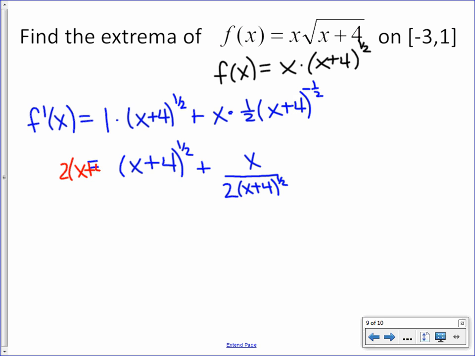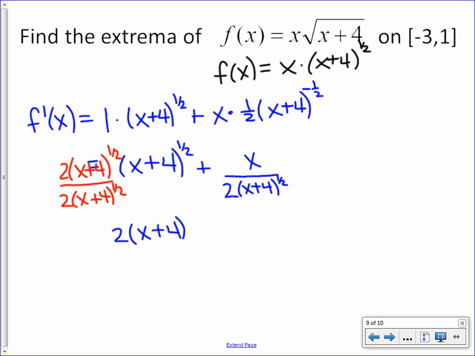So I'm going to multiply this times 2 times (x plus 4) to the 1/2 over 2 times (x plus 4) to the 1/2. So we end up getting 2 times (x plus 4) to the 1/2 times (x plus 4) to the 1/2 would become (x plus 4) to the first power.